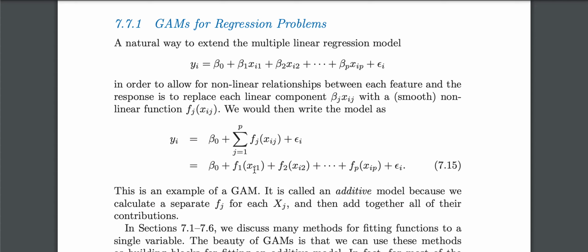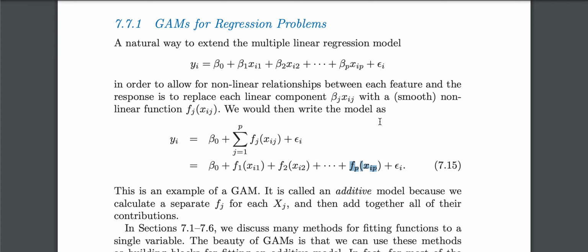We have a function for the first covariate, a function for the second covariate, a function for the third covariate, and these are just added and separately fitted. We use a smoothing spline for each of these, and then it's interpretable because we have these different components.